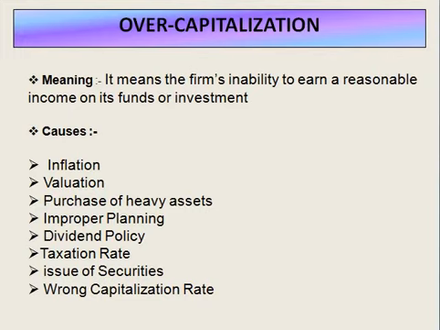For intangible assets, we can take examples like goodwill, patents, trademarks, copyright, designs and so many things. As a result, the earning capacity of the company may be adversely affected. This adverse effect on the company indirectly leads to overcapitalization.